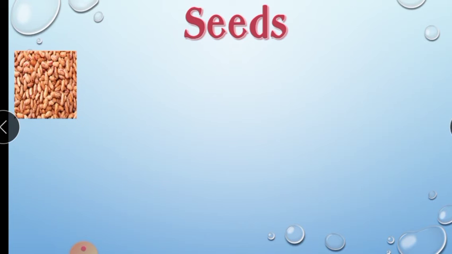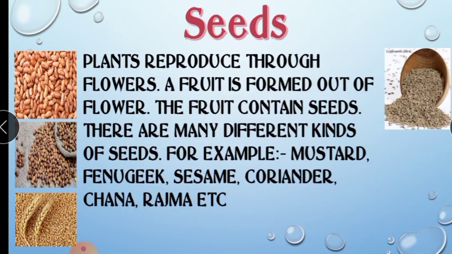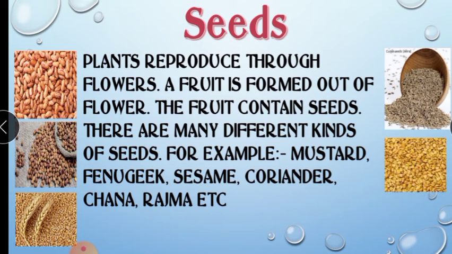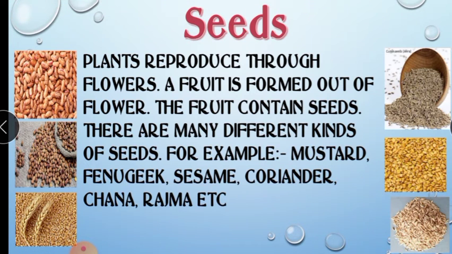Now, let us learn some very interesting facts about seeds. Plants reproduce through flowers. A fruit is formed out of a flower. The fruit contains seeds. There are many kinds of seeds we can see around us. For example, mustard, fenugreek, sesame, and coriander.